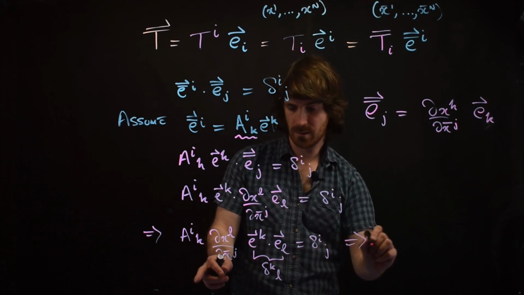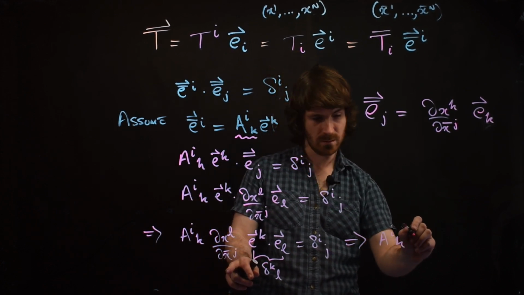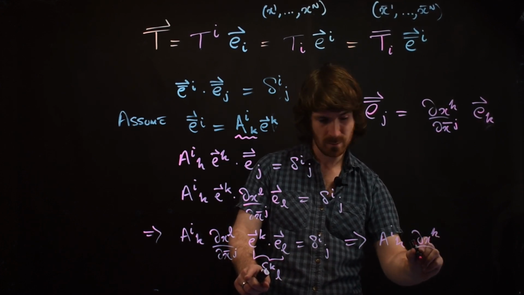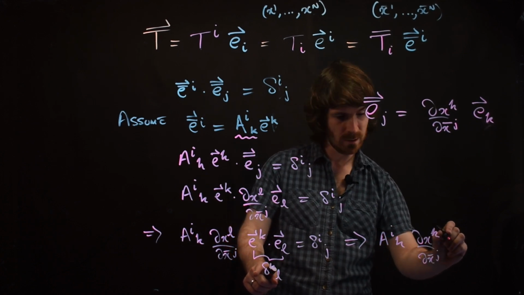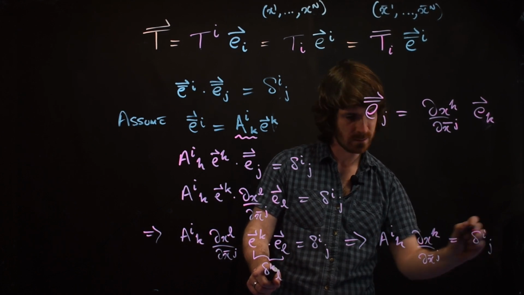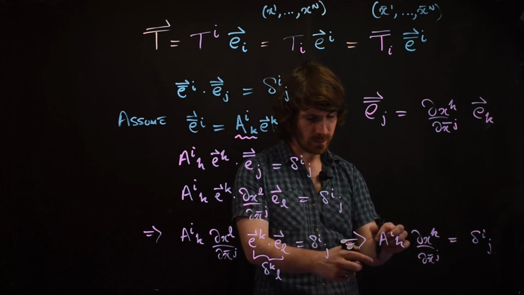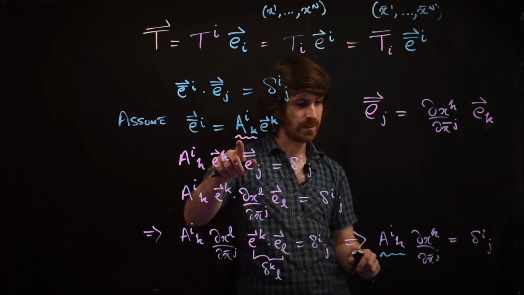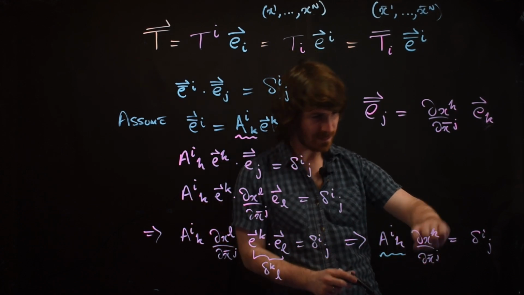So we find that a^i_k dx^k by dx bar j equals delta ij. At this point we can see that we can get our a^i_k, which is what we want to find, by getting this to the right hand side.